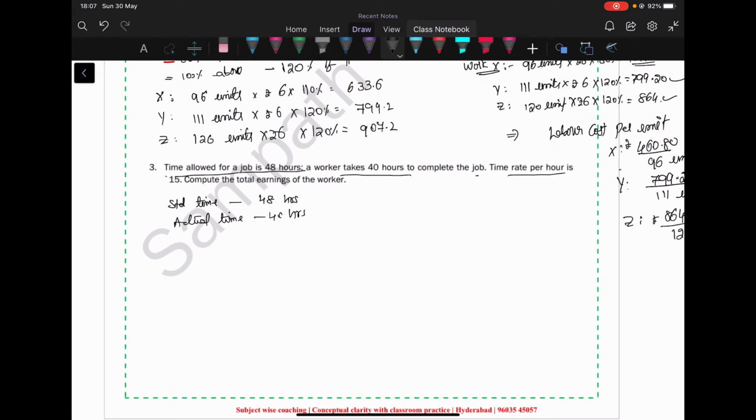Time rate per hour is 15 rupees. Compute the total earnings of the worker.